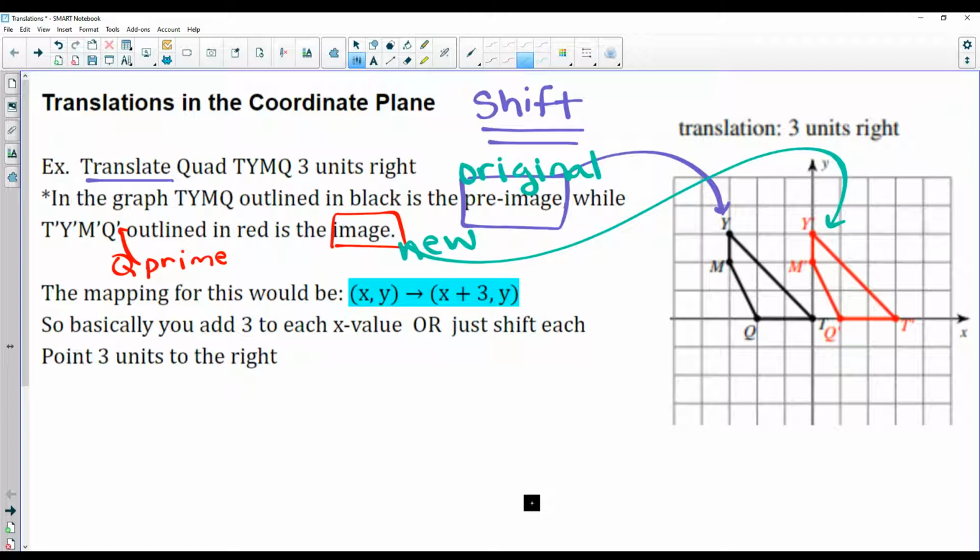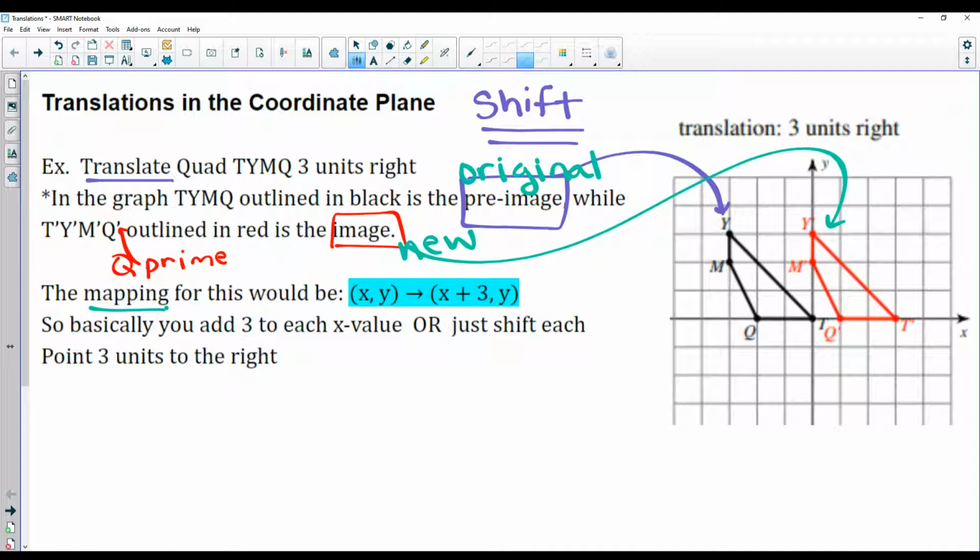All right, so shifting. If we follow this mapping, that's another new vocabulary word. A mapping just tells you the rule of where it goes. So the mapping for this would be (x, y) goes to (x plus 3, y).